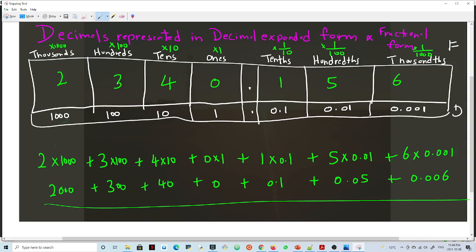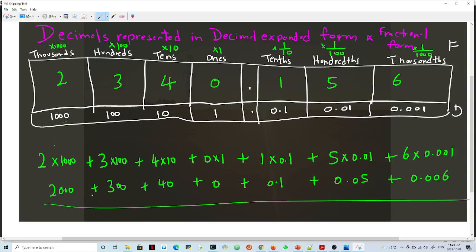So similarly here, whatever is this number, you multiply by 100. You multiply this number by 10. This, whatever is this number, by 1, but 0 by 1 here is 0. Decimal point is there, so it's like a plus. Just keep adding the fractions. 1 times 0.1, 5 times 0.01, 6 times 0.001.